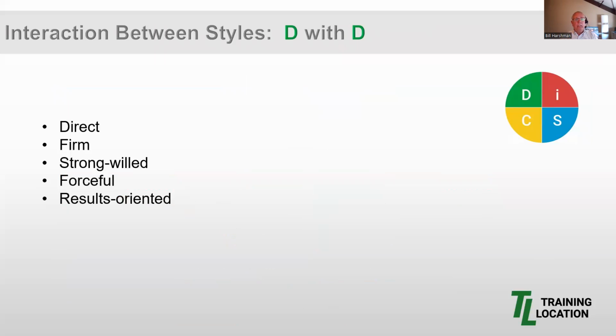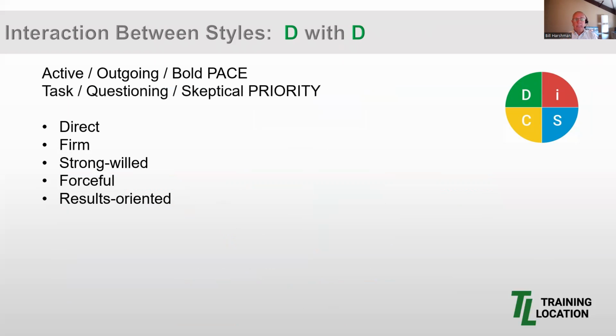To prepare you for today's learning, I want to review the D or dominant style descriptors from a previous blog on our traininglocation.com website. As noted, the D style generally has an active or outgoing, or some say a bold pace, coupled with a task or questioning or skeptical priority.